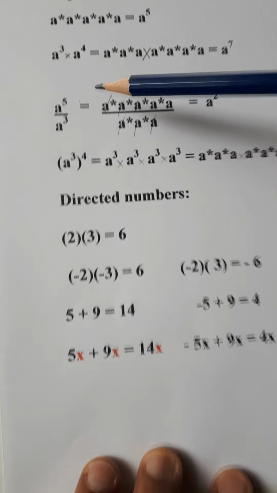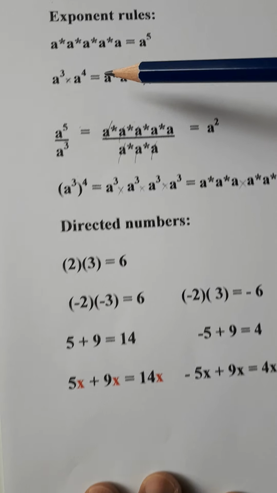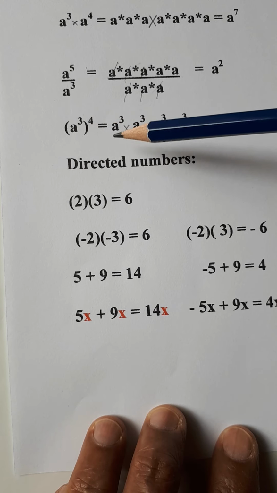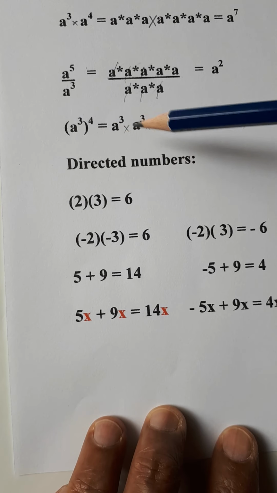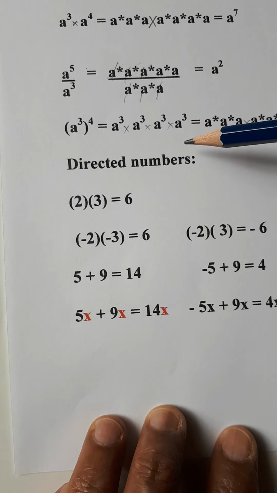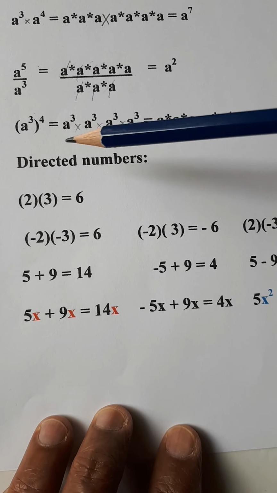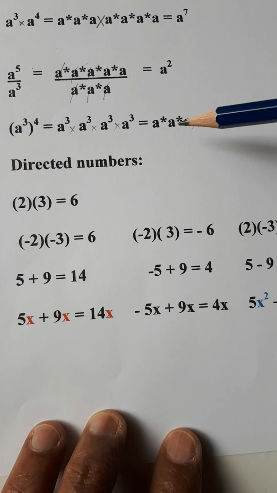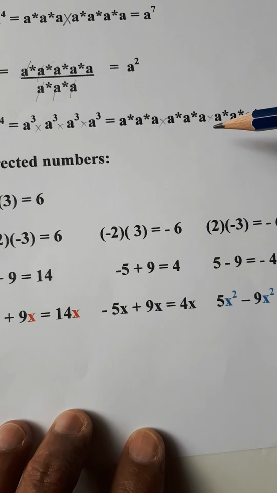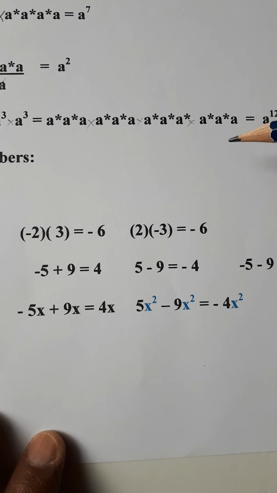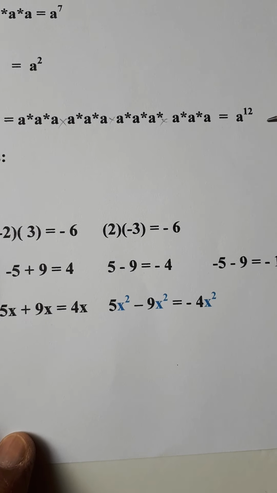Just like this definition, you have to multiply a to the power 3 4 times: a to the power 3, a to the power 3, a to the power 3, a to the power 3. But each of these a to the power 3 has 3 a's. So you can say altogether there are 12 a's. So the answer is a to the power 12.